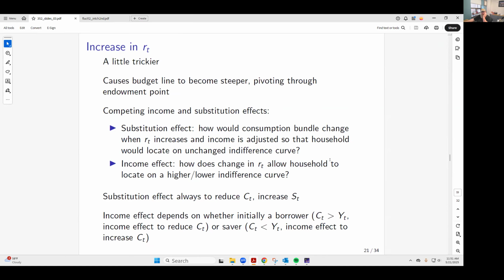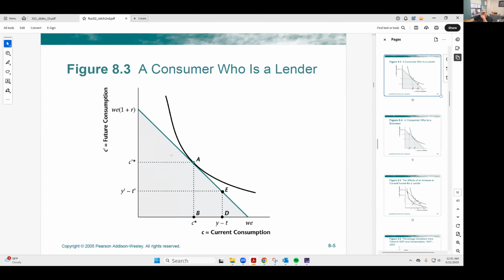As I mentioned in lecture yesterday, what we care about here is the substitution and income effect, and this goes back to consumer preferences. Consumer preferences are going to dictate whether the substitution effect or the income effect dominates an increase in interest rate. So let's consider two different types of individuals.